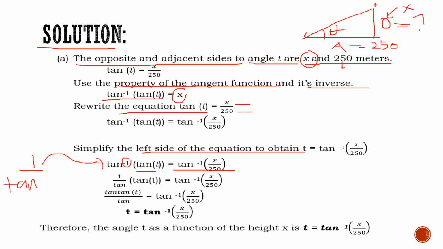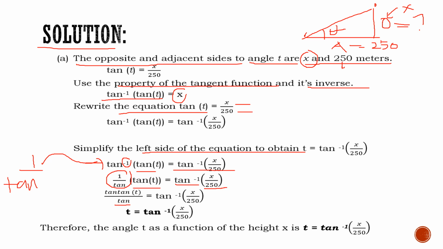If that is positive 1, the tangent is in the numerator. Now, since we're dealing with the inverse tangent of tangent t, that is equal to the inverse tangent of x over 250.